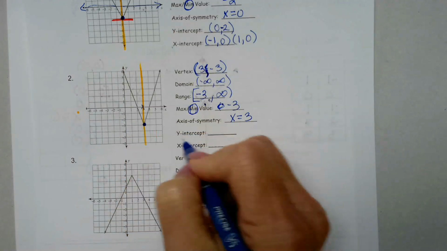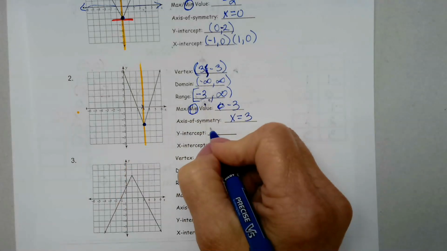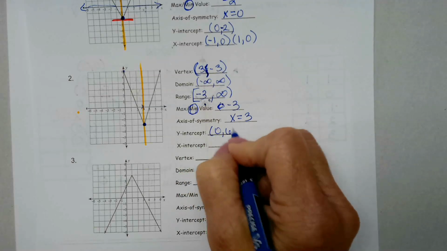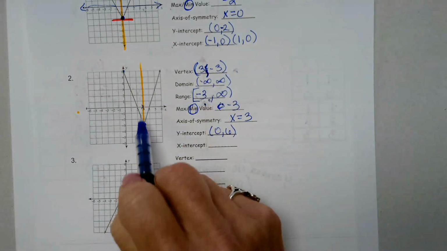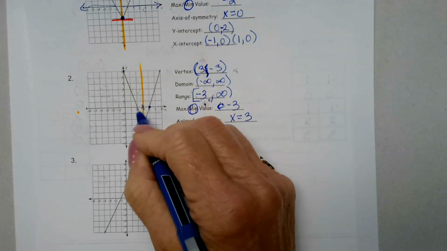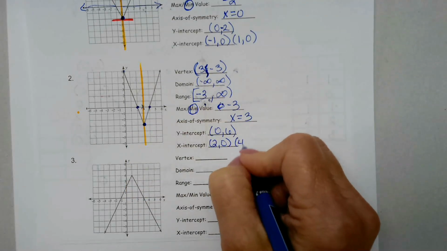We cross the y-axis up here, way up there, at 0, 6. And we cross the x-axis at 2, 0 and at 4, 0. So there's our two x-intercepts.